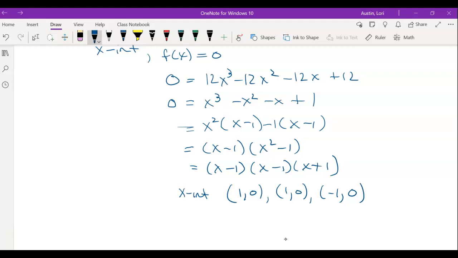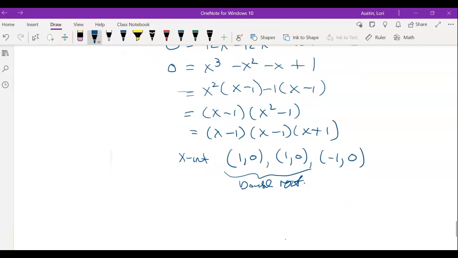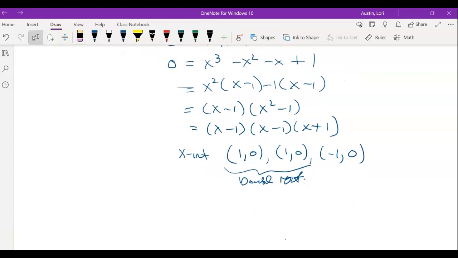This is called a double root. In pre-calc, you refer to that as the multiplicity. So that means it does not go through 1, it touches 1.